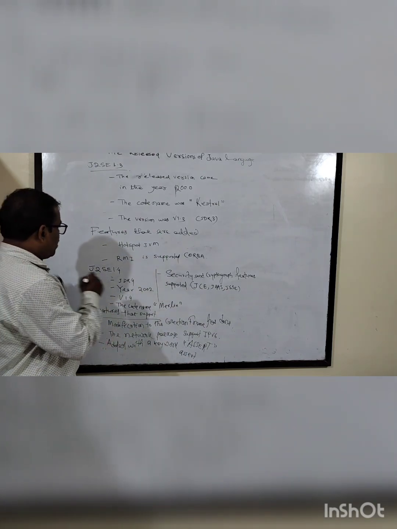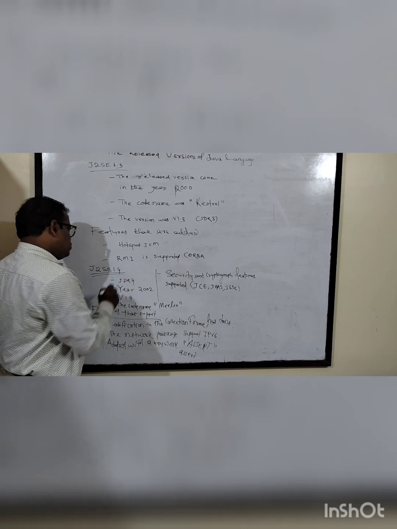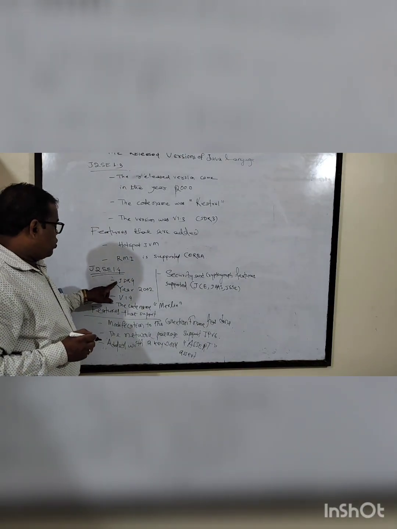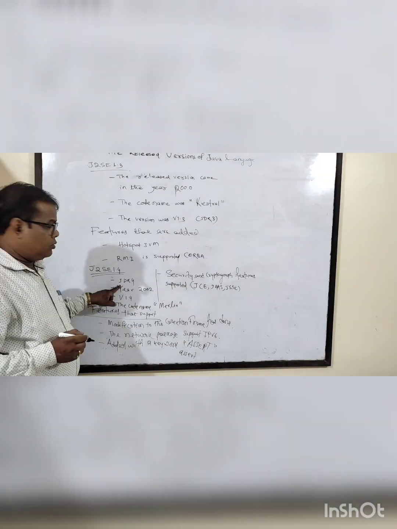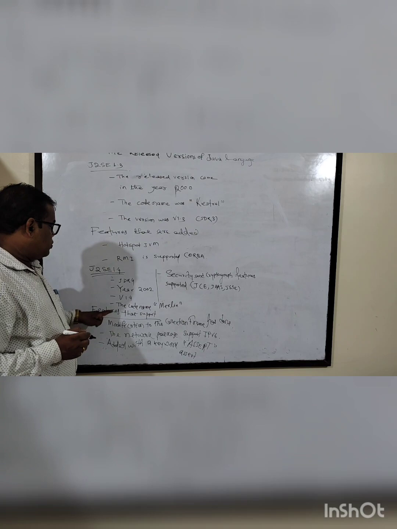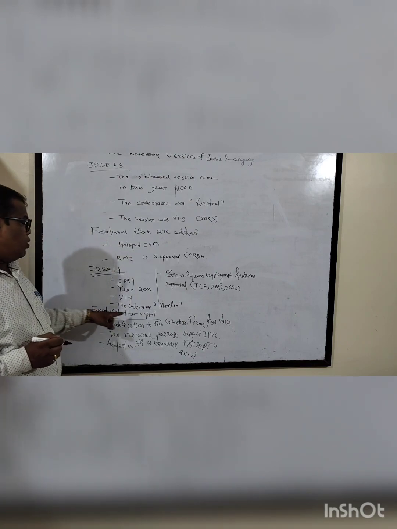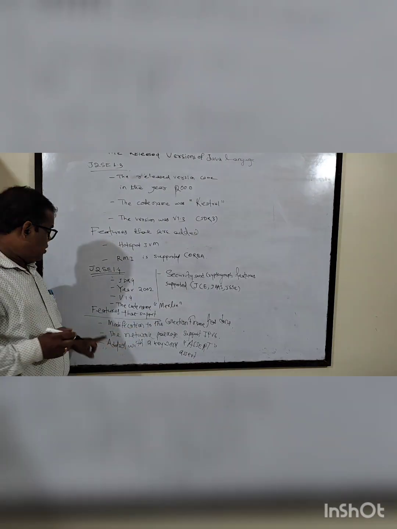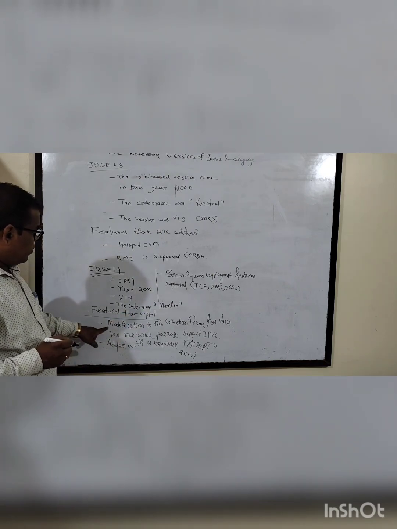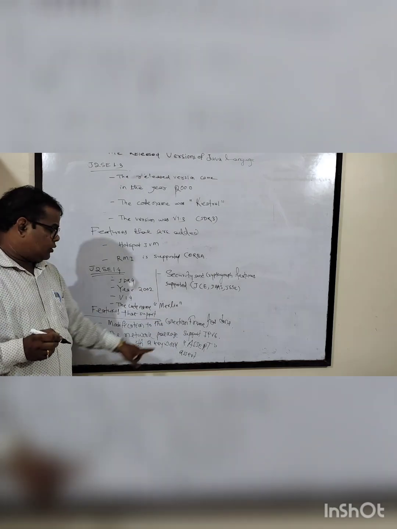Again, I repeat that we are discussing Java 2 Standard Edition 1.4. The software released was JDK 1.4, in the year 2002. The code name was Merlin, and the features include modification to the collection framework as well.